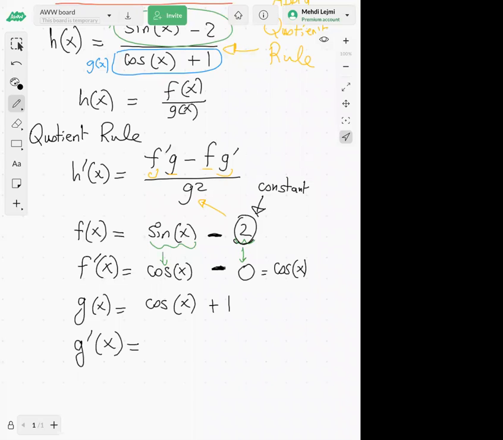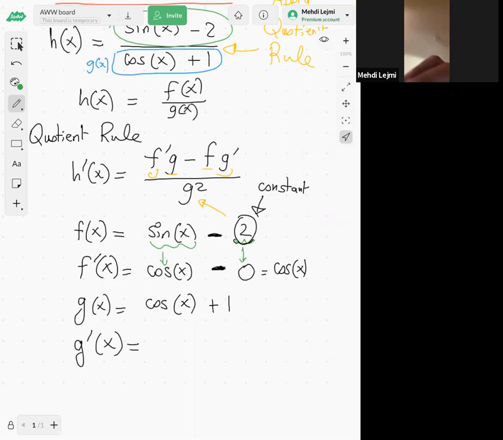Right? So then, as I said, here this is just a sum, right? So first you have the cosine, and then there is a plus, and then you need the derivative of 1, right?